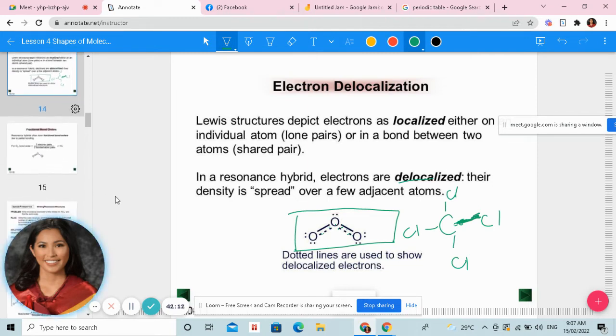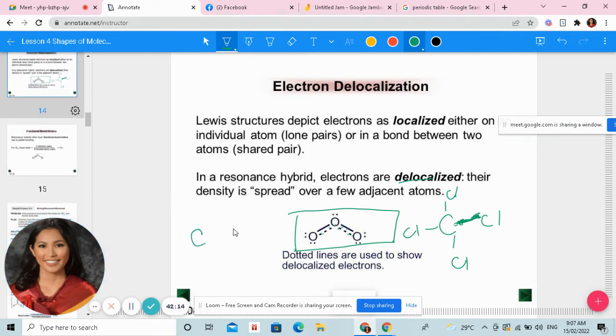Now also if we have this one, Cl, we know that the electrons are localized in this bond only. Just that if we have a polar covalent bond, the electrons will go to the stronger one, which is Cl.